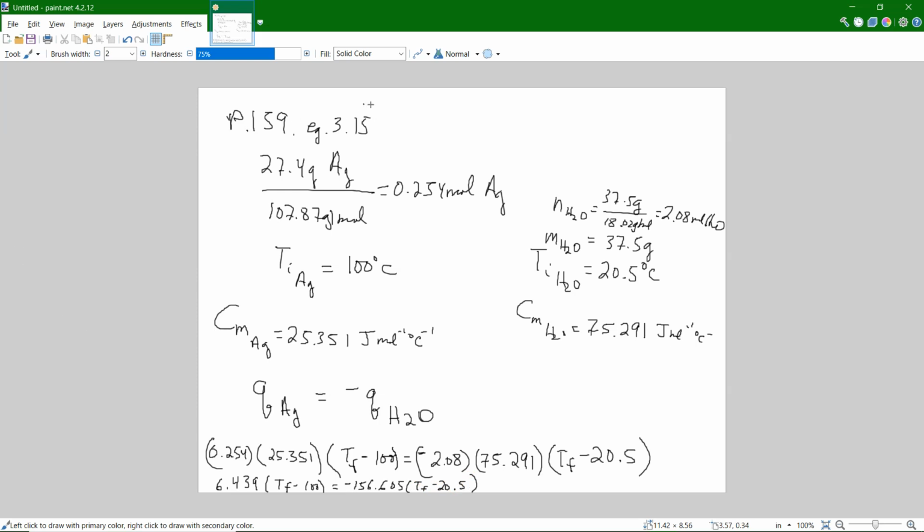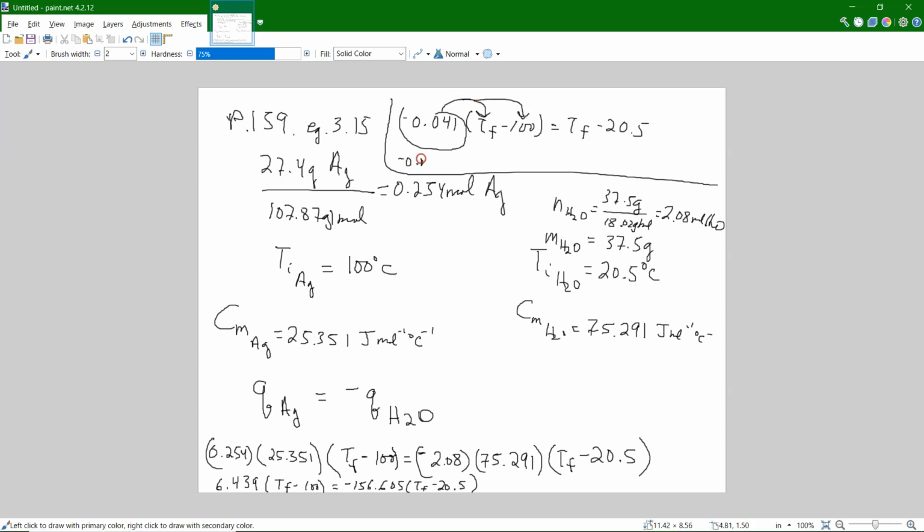I'm going to go way up here, so you don't have to go on to the next page. So minus 0.0411, and you might do it in a different order, just get the right answer. T final minus 100 equals T final minus 20.5. So now I can distribute the minus 0.041 into both parts.